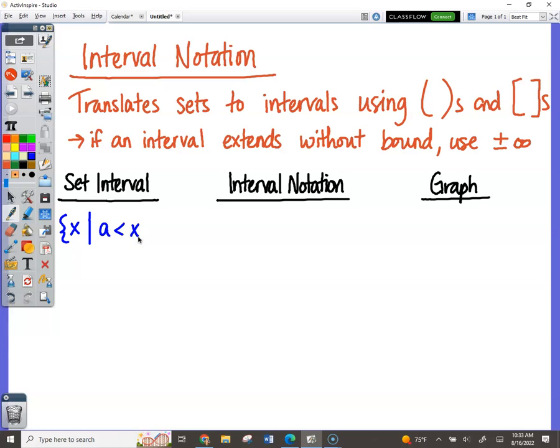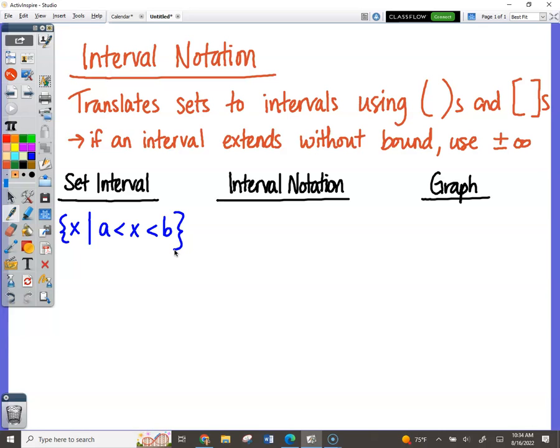The way you read it is it's the set of numbers x such that, that's that vertical line. Then we have an inequality. When you're reading an inequality that is compound like that, you always read it from the middle where x is. You don't read it a is less than x.